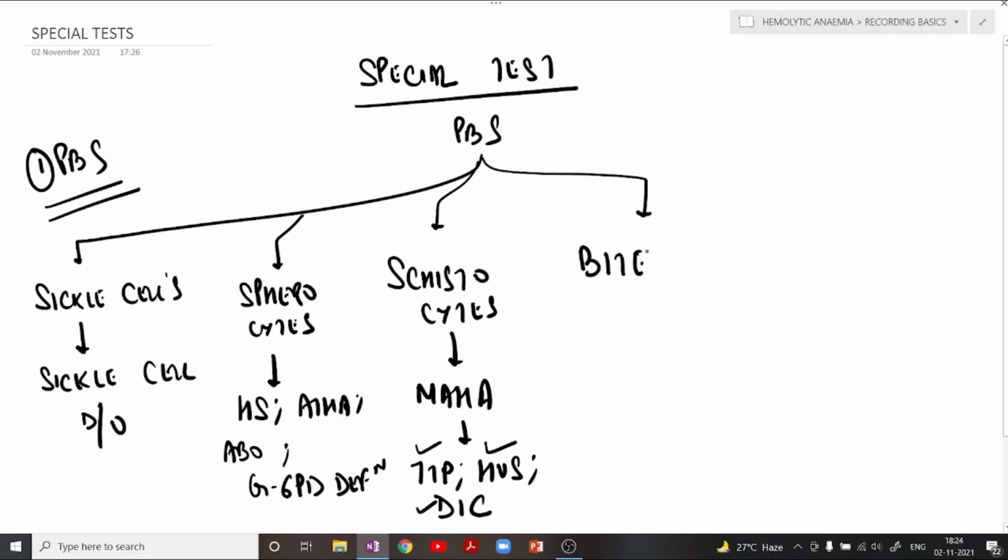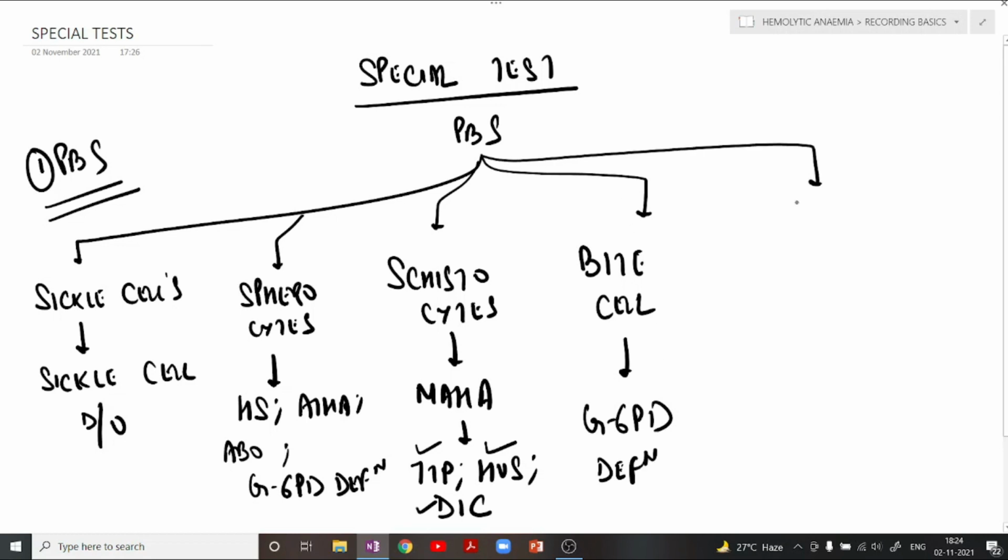In the peripheral blood smear, you can see the presence of bite cells, which is indicative of G6PD deficiency. I will show you the individual images, don't worry. Now you can see microcytic anemia, microcytic hypochromic cells. Along with that, you will see target cells and features of hemolysis.